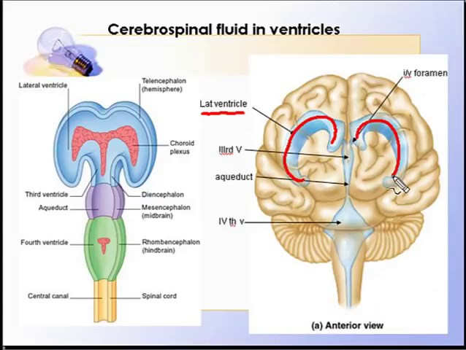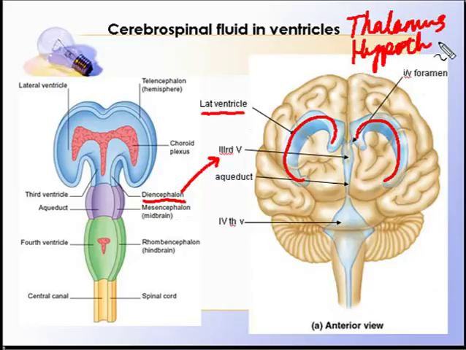Each lateral ventricle communicates with the ventricle present in relation to the diencephalon, and that ventricle is known as the third ventricle. The diencephalon is a region of the brain made up of the thalamus and the hypothalamus.